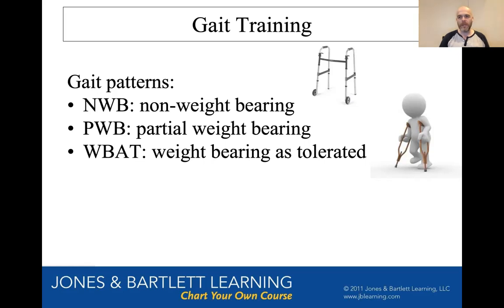Another kind might be foot flat weight bearing, where you can put your foot on the ground flat, but no weight through it. It's just for balance. And you're just using your walker or your crutch and your good leg and hopping along. Non-weight bearing means you cannot bear any weight through that leg, or you're going to disrupt the healing process, or you're going to ruin the surgery that they just did. So that's walking with a walker or crutches and holding your leg up, or being in a wheelchair with the leg rest, holding your leg up.